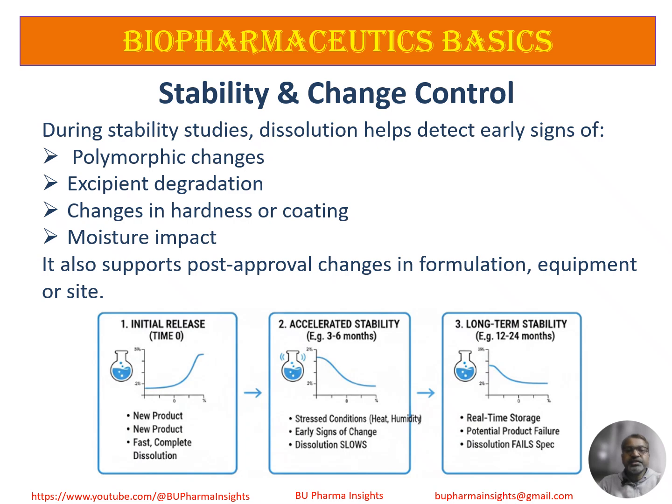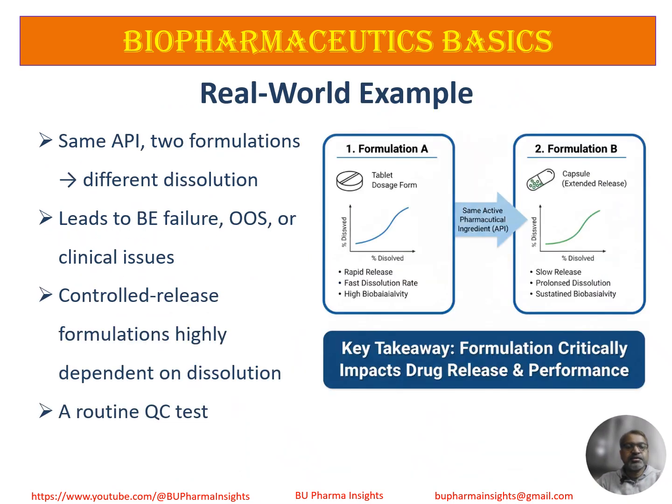Now we will discuss stability and change control. Dissolution testing during stability studies helps detect early signs of polymeric changes, excipient degradation, changes in tablet hardness or coating, and moisture impact. Dissolution testing also plays a key role in supporting post-approval changes, whether in formulation, equipment, or manufacturing site. I have seen real industry cases where a small change in excipient grade caused a major shift in the dissolution profile, putting bioequivalence at risk.